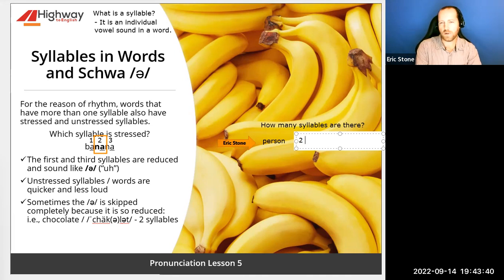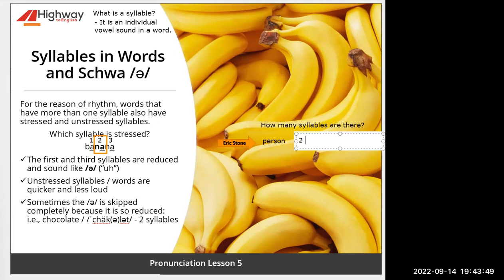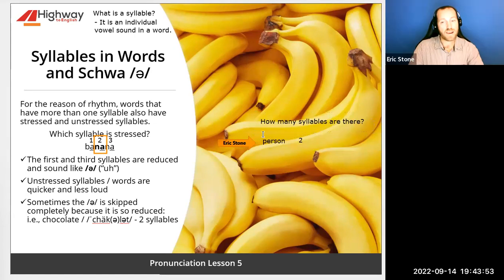And which syllable is stressed, Zahur? The first one or the second one? First one, sir. The first one, right? Exactly. Yeah, good. So we have 2 syllables, and the first syllable is stressed.